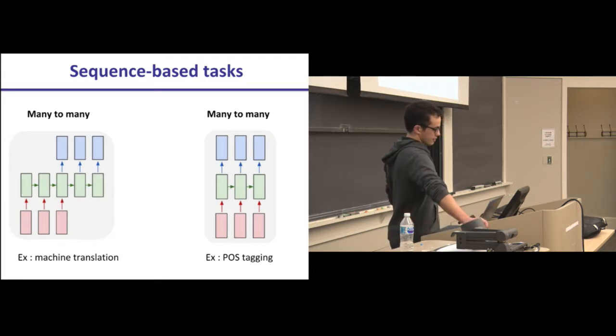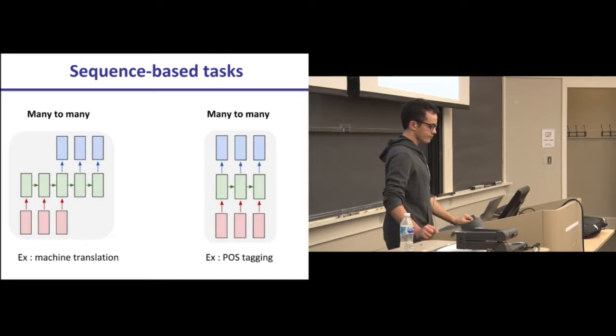You've got the many-to-many tasks, when you have a sequence in input and you want a sequence in output. You've started seeing in speech the CTC part, where you don't have as many outputs as you have inputs, and there is a lot of work on how to do that well. But in other, simpler cases, you have exactly one output per input, but for each output you want to use all of the past, the one on the right. You can do that for part of speech tagging, for example.